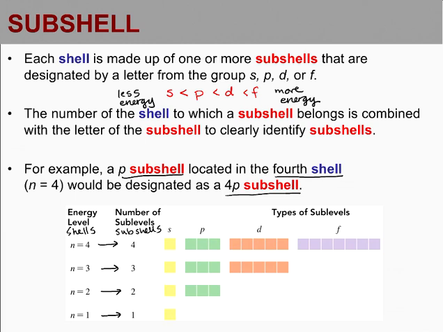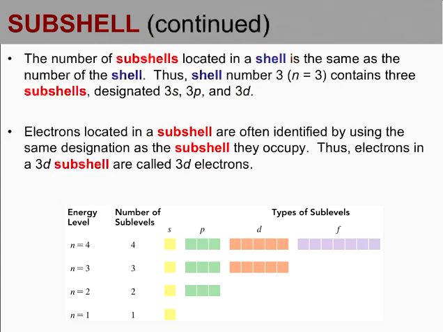All right, now when we're discussing electrons in each subshell, again, the number of subshells located in a shell is the same as the number of the shell. So we just went over that.